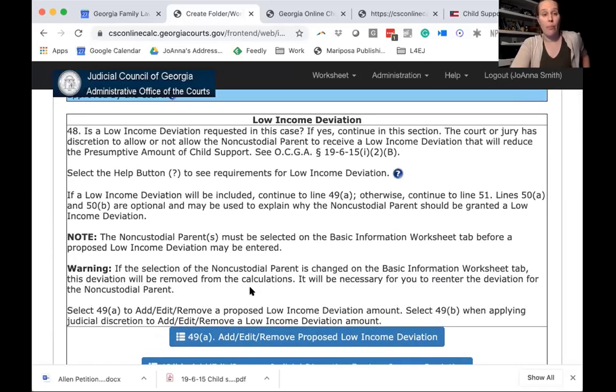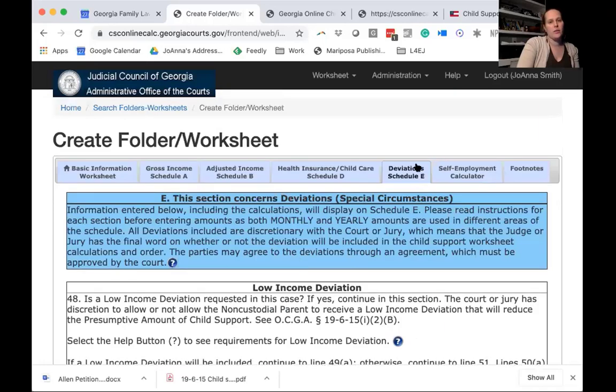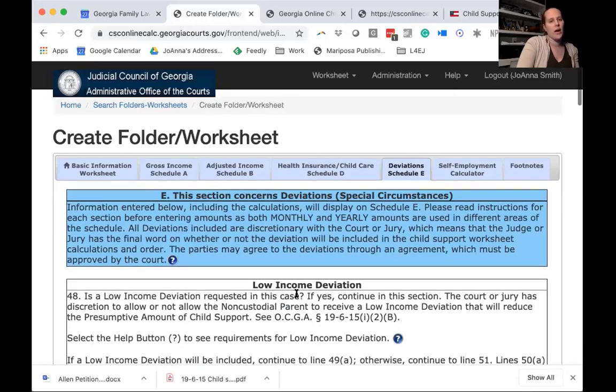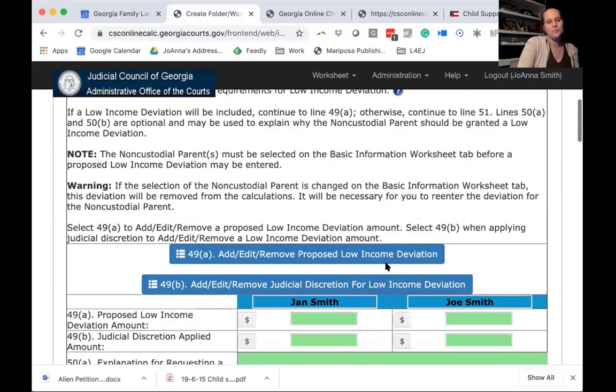My clients are often both very low income, so it would not be just to have a low income deviation because neither party is making much money. That's why these deviations are discretionary. The court has to find that they're in the child's best interest.